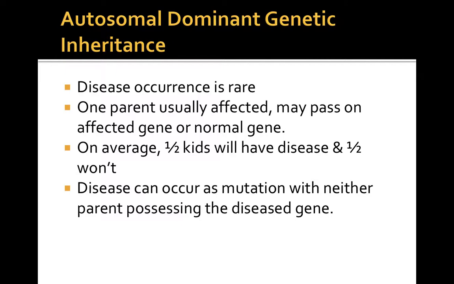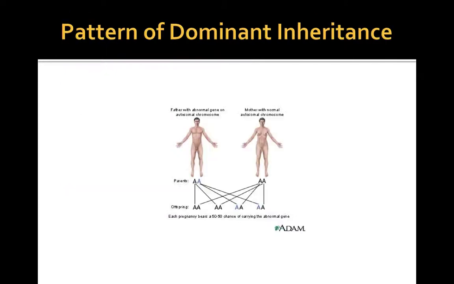Other examples of autosomal dominant genetic inheritance include adult polycystic kidney disease and Marfan's syndrome. This actually illustrates the pattern of dominant inheritance.